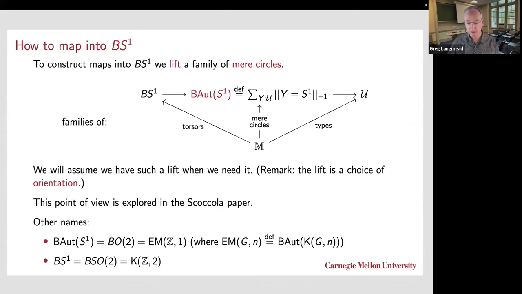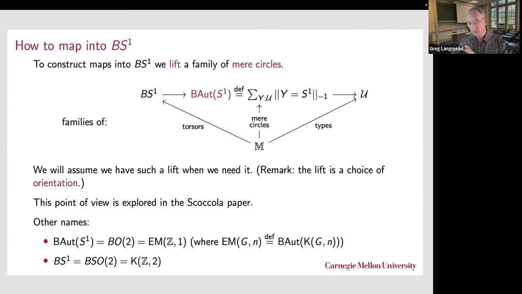So other names you might know some of these types by, like BSO2, the mere circles, you might call BO2, the delooping of O2 acting on the plane. So it's got the rotations and the flip. And then in the Skokola notation, it would be EMZ1, which is his notation for the connected component of the universe of types equivalent to the Eilenberg-MacLane space KZ1.